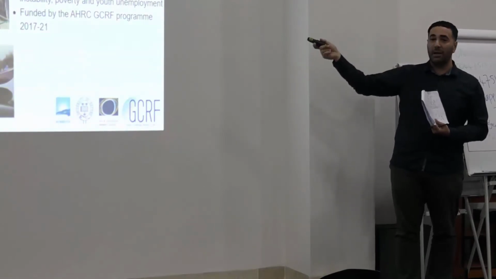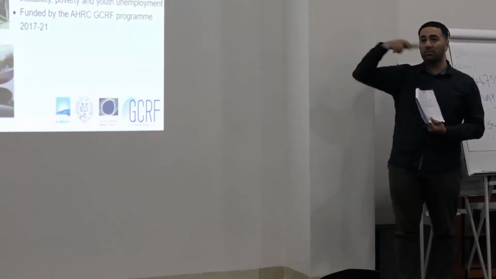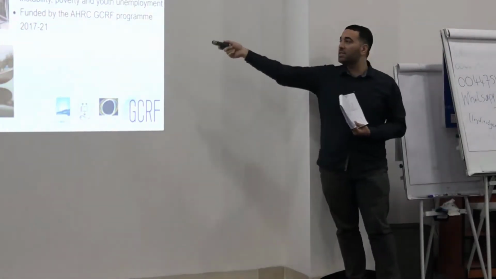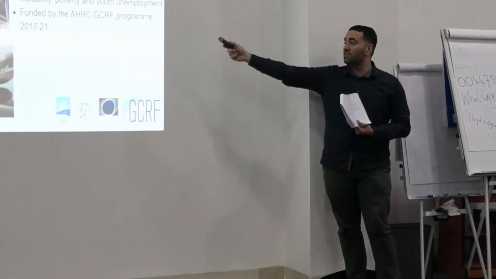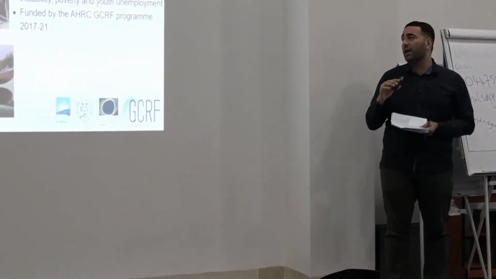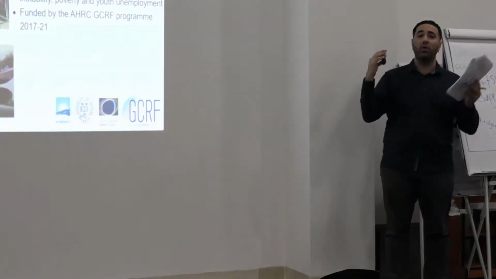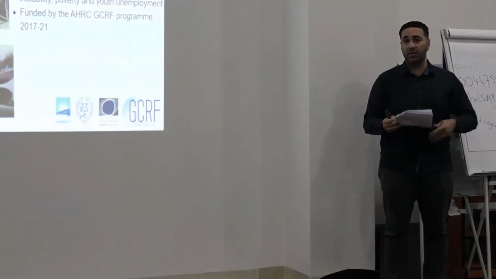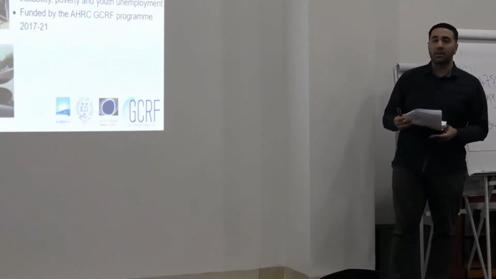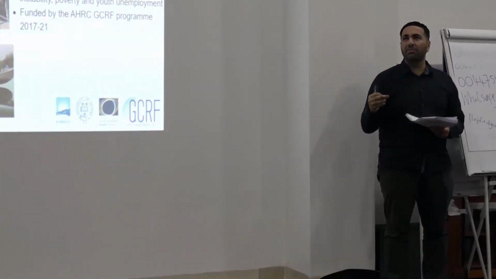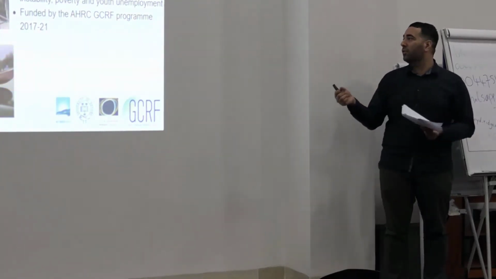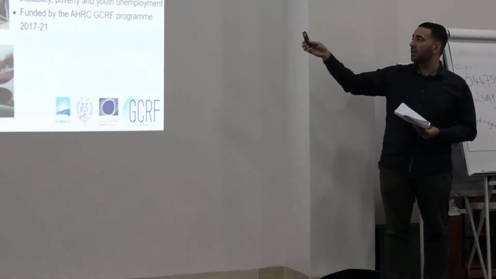Funded by the Arts and Humanities Research Council, so a bit like the BA, very important body, GCRF. So GCRF is the Global Challenges Research Fund. It's the fund from the International Development Agency, DFID, the Department for International Development, and it's designated £1.5 billion from its international aid money to this fund.